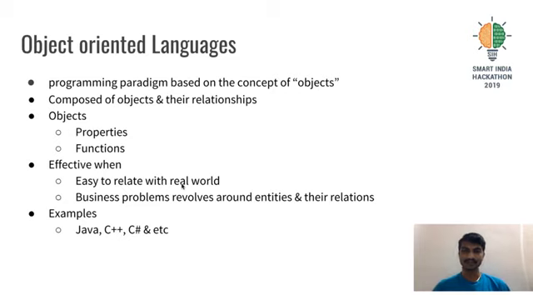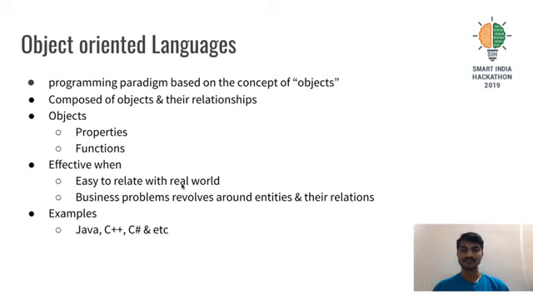In object-oriented languages, the main programming paradigm is the object. The whole language is composed of objects and their relationships. So what is an object? An object is nothing but an entity which we see in the real world. For example, whatever nouns we can see in the real world are objects.